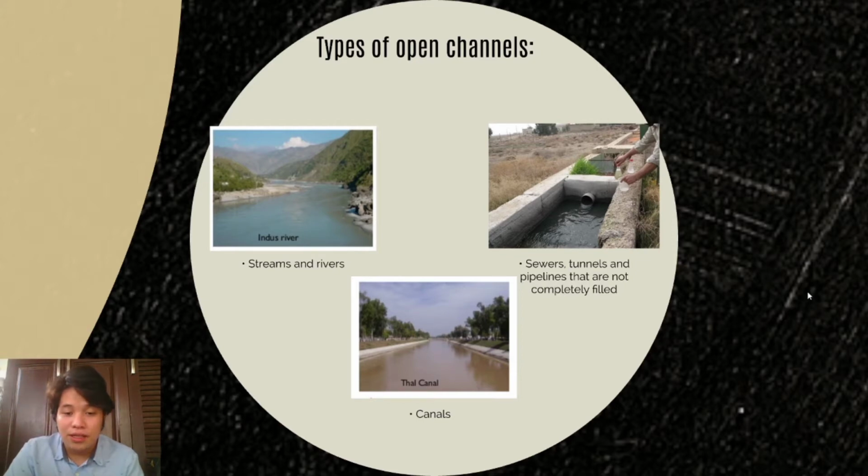Next is the Tal Canal from the canals, most commonly known as the Great Tal Canal. The Tal Canal is also located in Pakistan, and was also developed by the government. Next is the sewerage, which can also be seen in Pakistan, and as you can see, there is sewage in that picture.